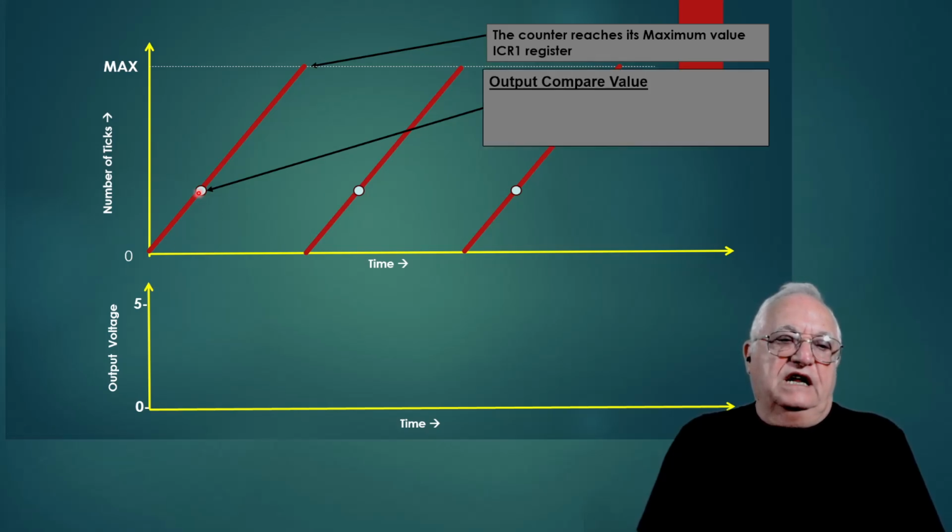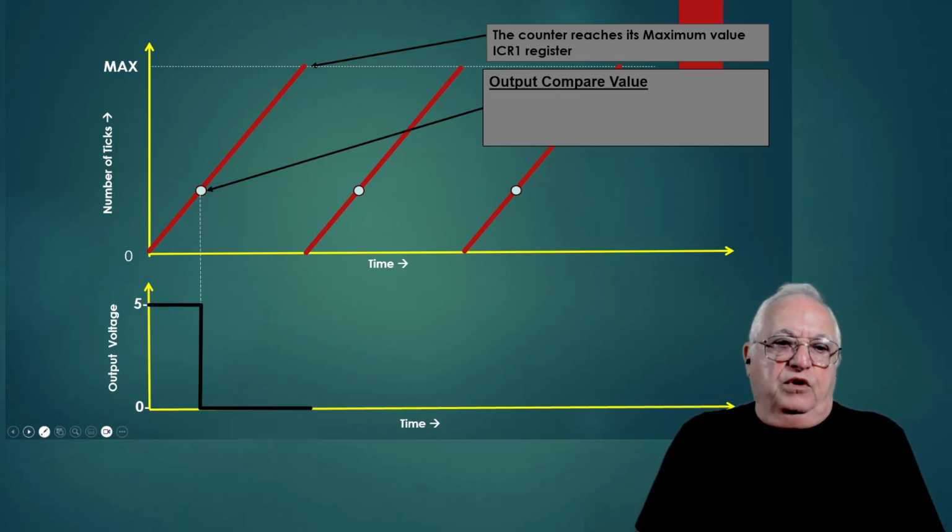First, let me show here a point in the line, which is the output compare value. Now what we want is to be able to generate the proper signal. We want the signal to start high at 5 volts. Then when we reach the output compare value, we want it to go to 0.